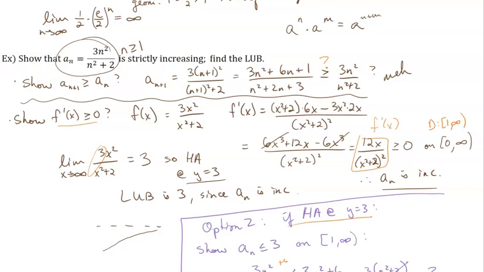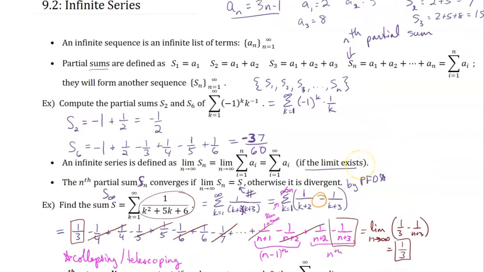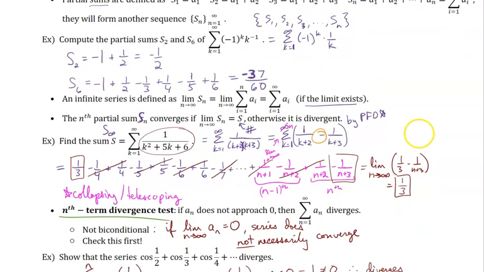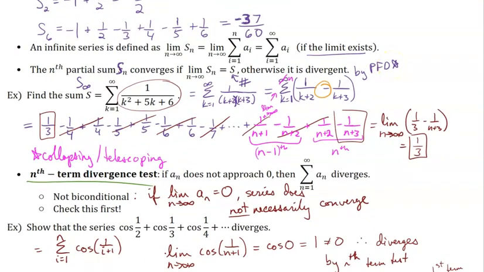And then in 9.2, we revisited series, where we were adding the terms together. We also talked about two specific types of series, the collapsing series, which is this one right here, and the geometric series. And in the case that either a collapsing series or a geometric series converges, then we're able to figure out what it converges to.